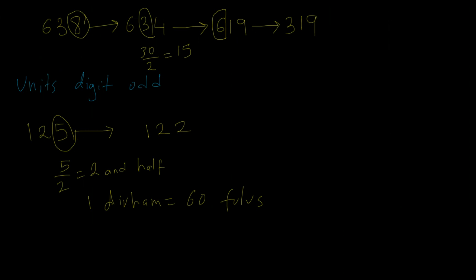So consider half a dirham. If 1 dirham is 60 flus, then what is half a dirham? Well, it is of course 30 flus, right? So for the fractional part, half, he simply writes a 30 underneath. So again, this 30 represents 30 out of 60, which is a half.